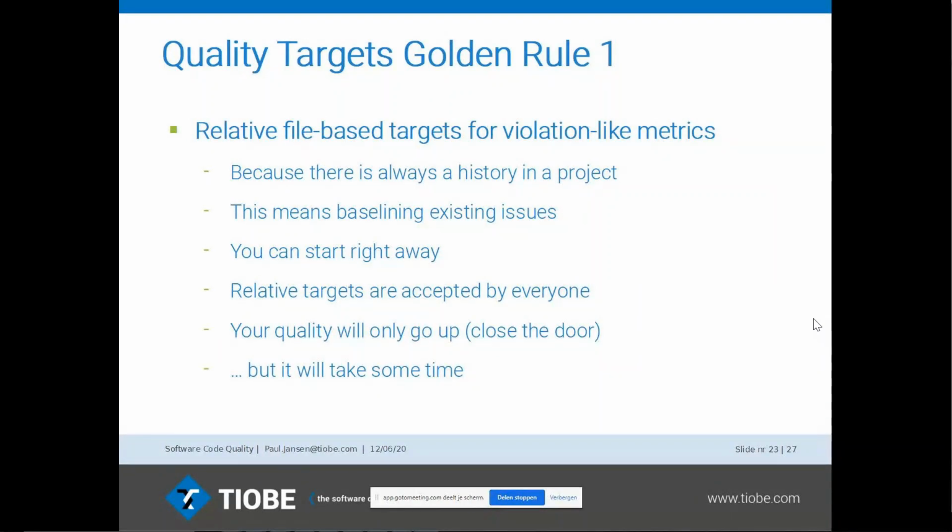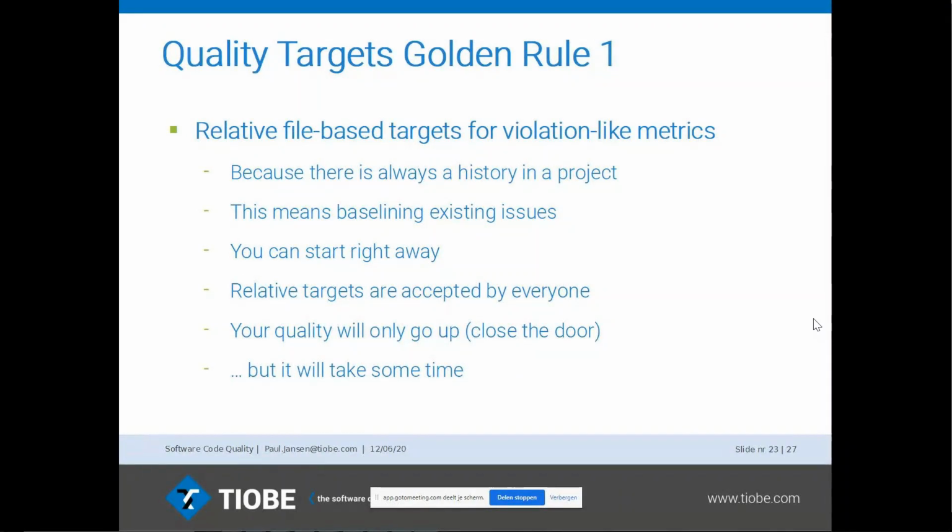But solving these relative targets, so only the ones that you have introduced yourself, that is something everybody agrees. The engineer will agree and say, okay, I introduced these, I should solve them as well. Yes, and that's the reason why we say for violation-like metrics, please use relative file-based targets.